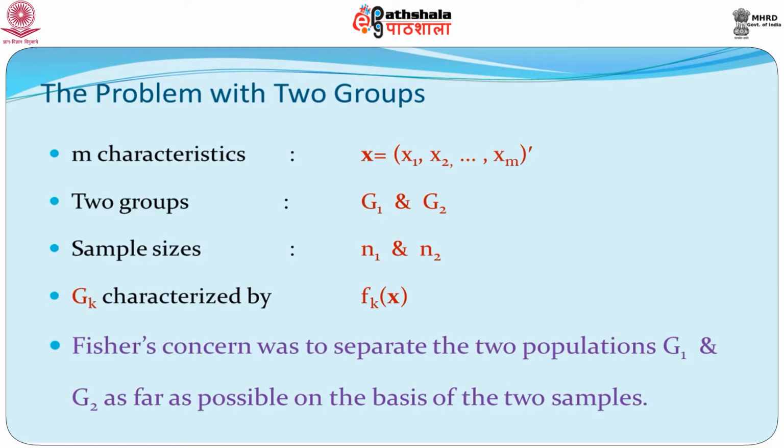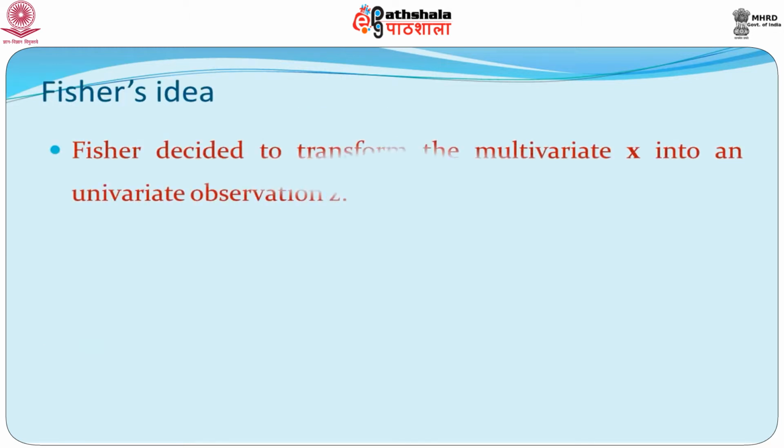Fisher's primary concern was to separate the two populations G1 and G2 as far as possible on the basis of the two samples. So, he wanted to look at the two sets of observations from the two groups, identify the characteristics of these two groups, and separate the individuals as far as possible on the basis of some rule. His idea was primarily to transform the multivariate x into a univariate observation z or y.